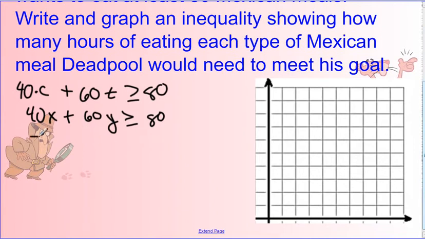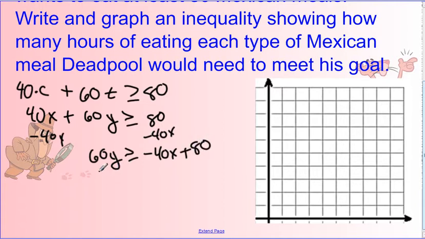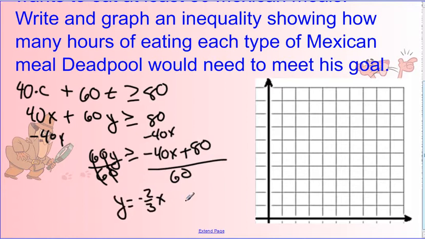So I'm going to subtract 40x. 60y is greater than or equal to negative 40x plus 80. Divide by 60. y equals, this is a negative 2/3 x. This is a 4/3.